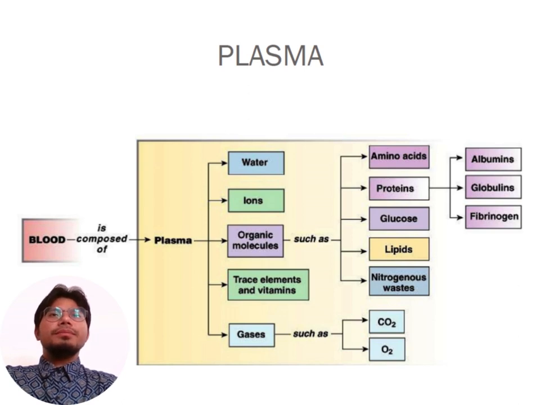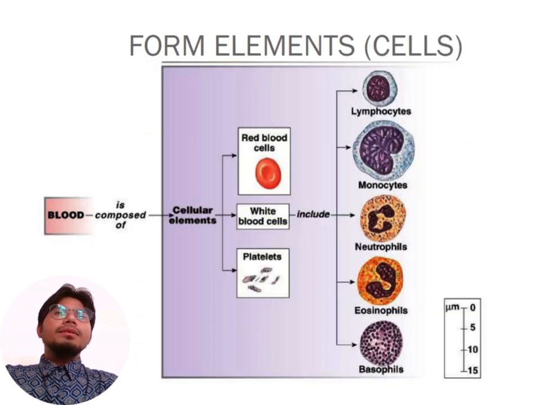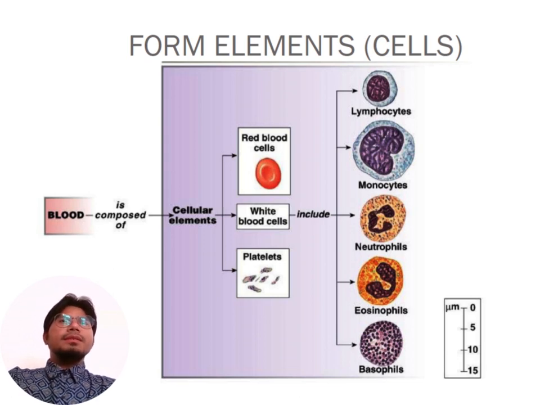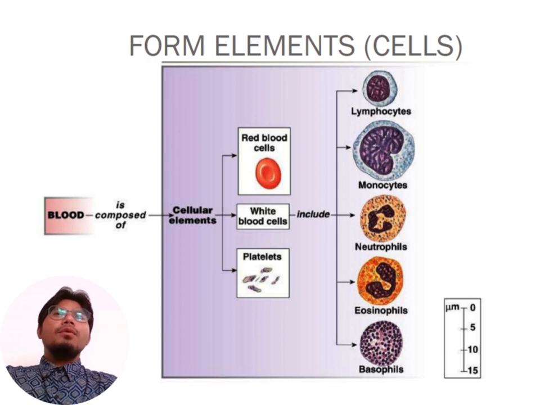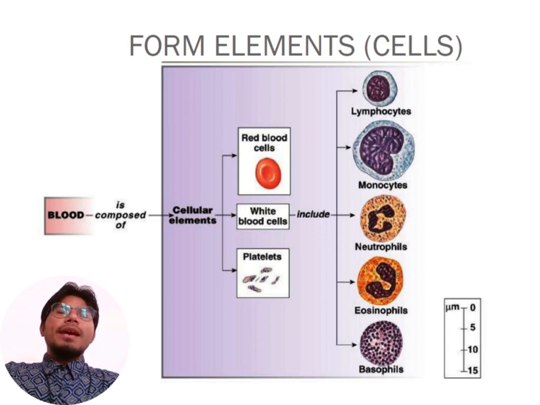For the formed elements, as we discussed previously, there are two types of cells, white blood cell and red blood cell, and also platelet. White blood cell and platelet contribute 1% of the blood. White blood cell is further divided into two: agranulocyte and granulocyte.